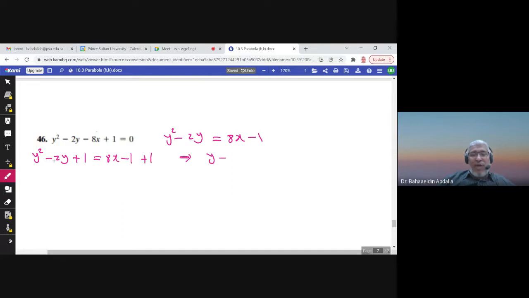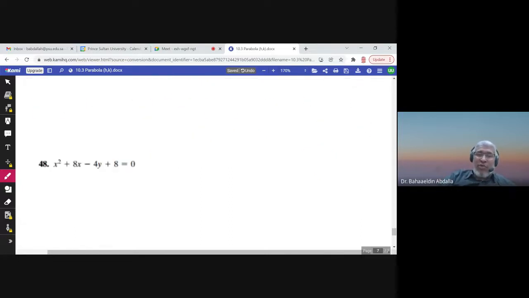So I have (y - 1) squared equals 8x. So the vertex is (0, 1), and p is 2, and it's y squared, so it opens to the right, and you can continue, please, as in the previous questions.